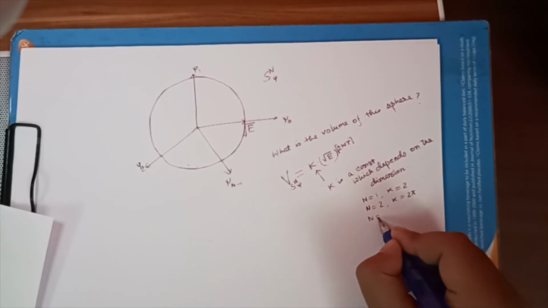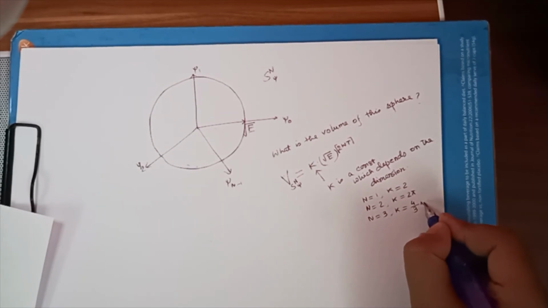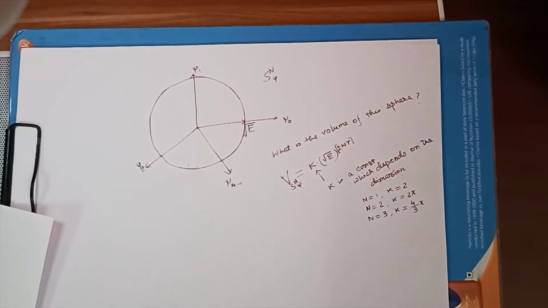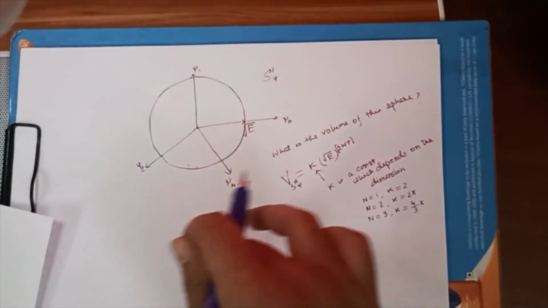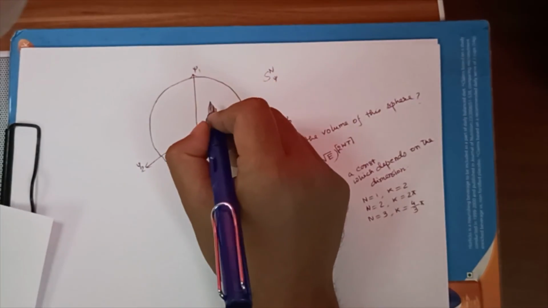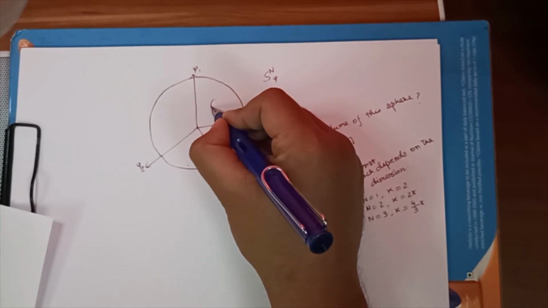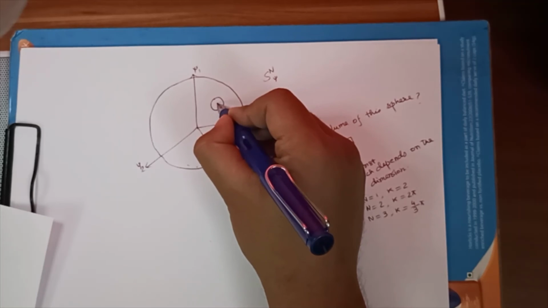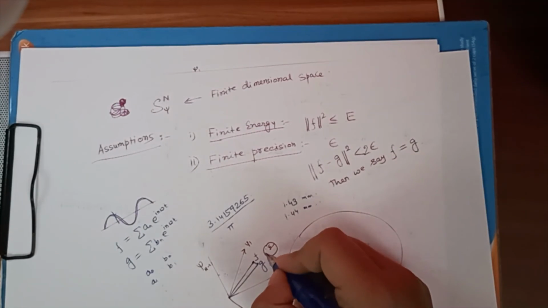When dimension is 3, k is 4 by 3 pi, etc. So this is a constant. Now within this sphere, we know that every distinguishable signal resides within a ball of radius, not epsilon, radius is basically root epsilon.